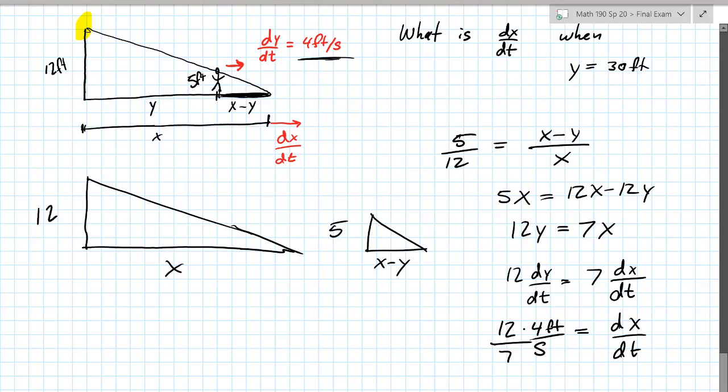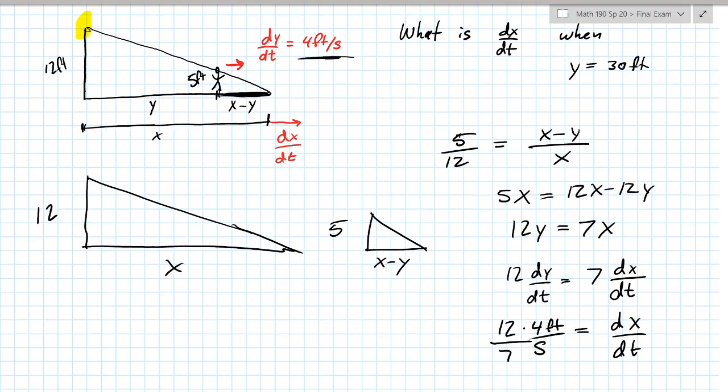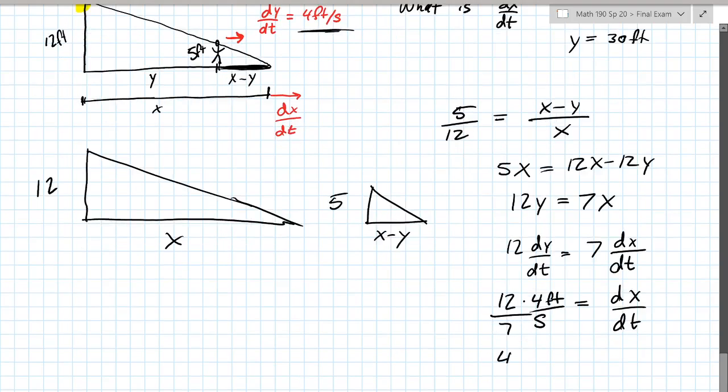What that means is this shadow is moving at this rate, irrespective of how far away from the pole she is. And so my final answer is going to be 48/7 feet per second.